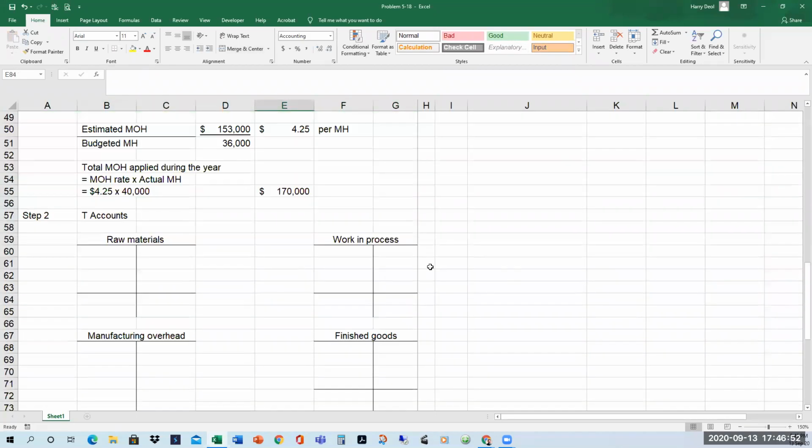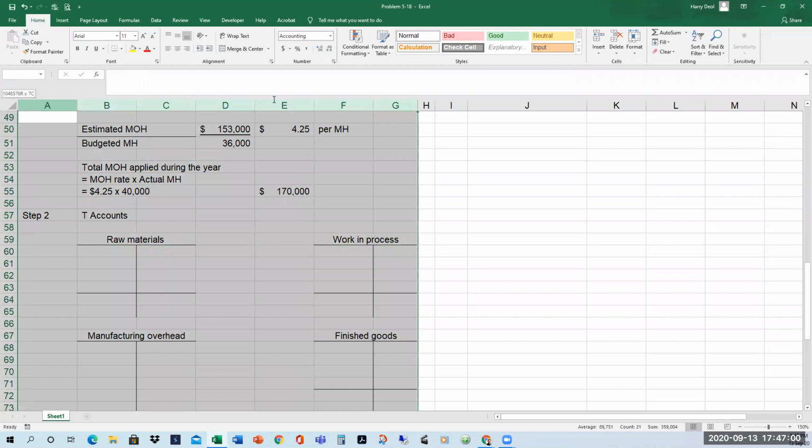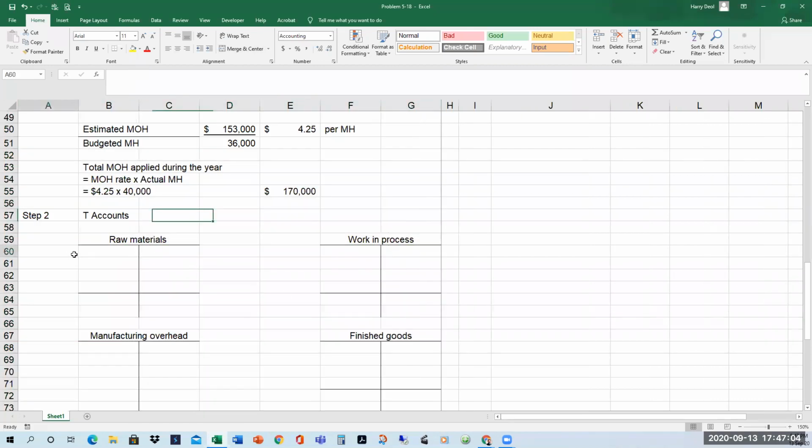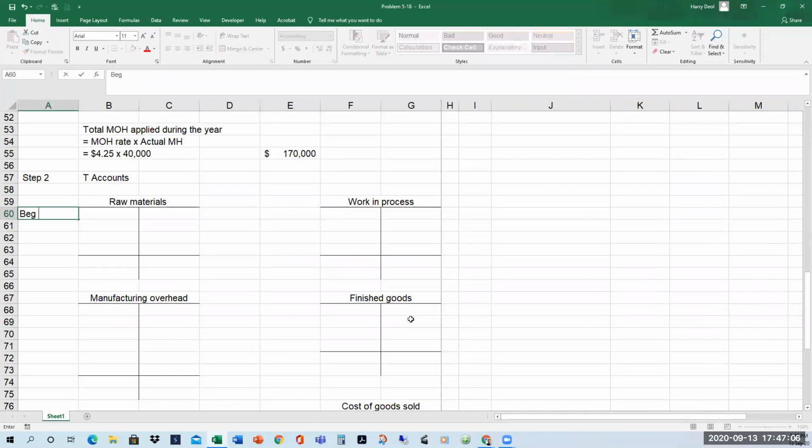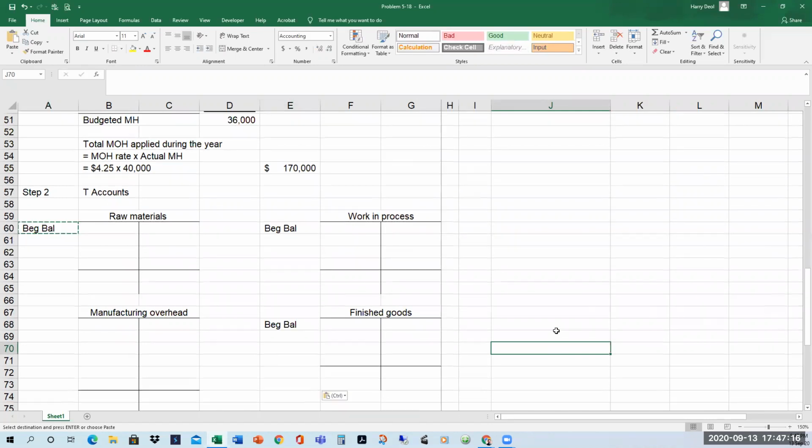So the inventory accounts, the raw materials, work in process, and finished goods, they're all inventory accounts. And inventory accounts will all have balances. So beginning balance for raw materials, for work in process, and for finished goods.